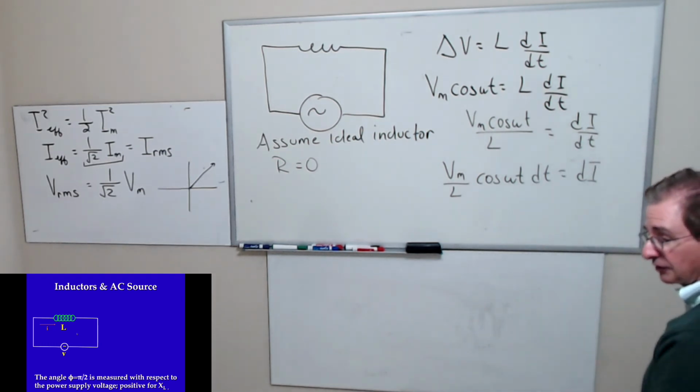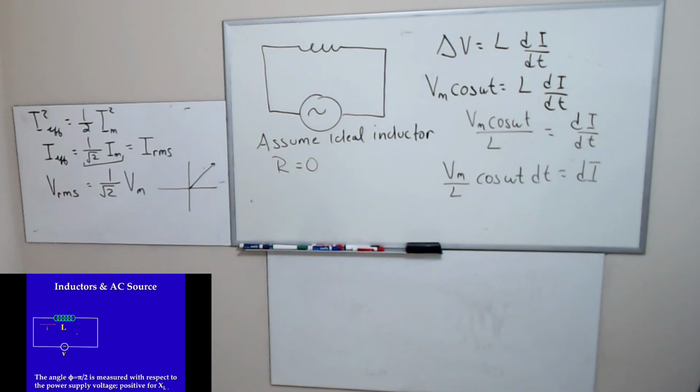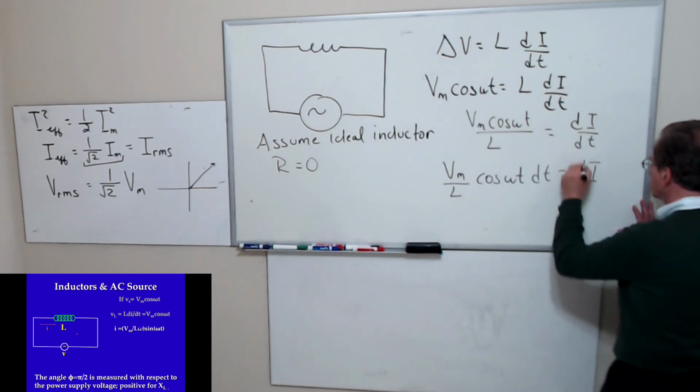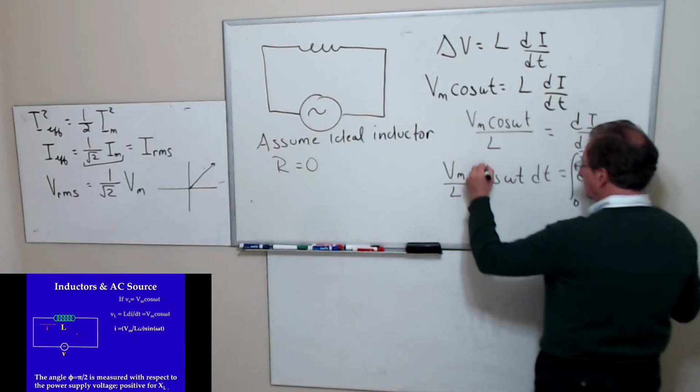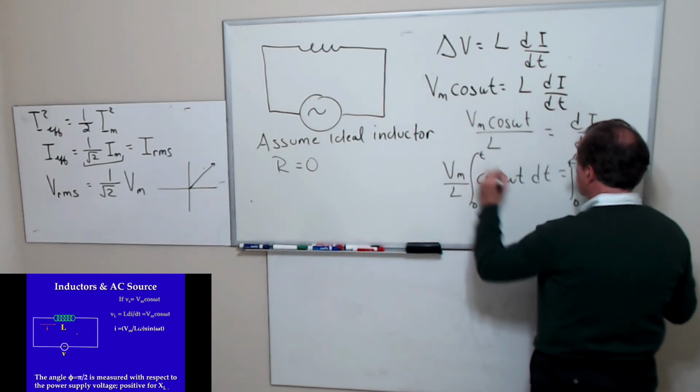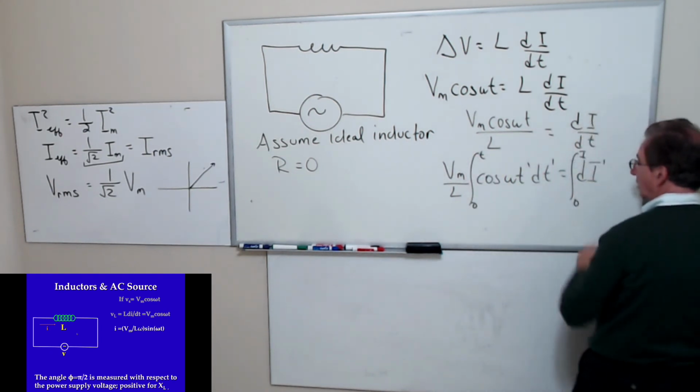So I can actually figure out the current. All I've got to do is what? I have to integrate. I will integrate this from 0 to whatever I is, and I'm going to integrate this from 0 to whatever t is. So maybe I should make these a prime.